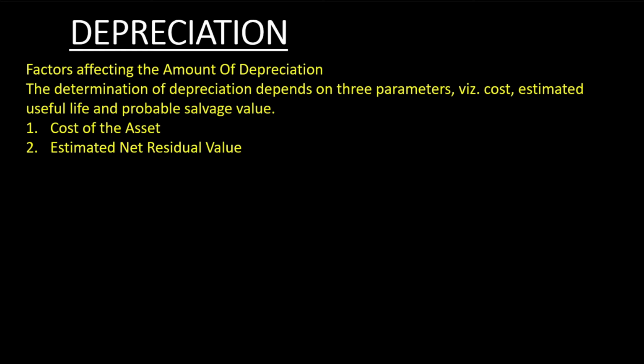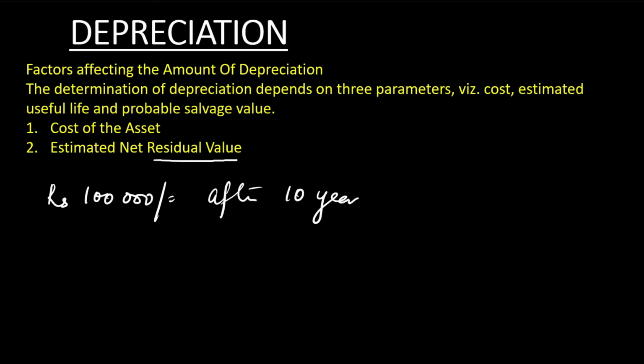Estimated net residual value. What is residual value? Let's say after 10 years, the cost of the machinery is 1 lakh, and after 10 years, if I sell it as scrap, the amount I would get may be, let's say, rupees 5,000.